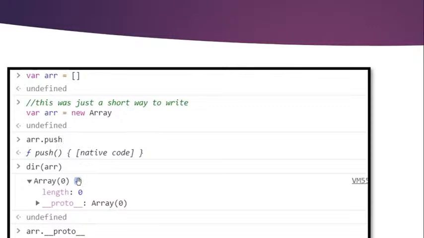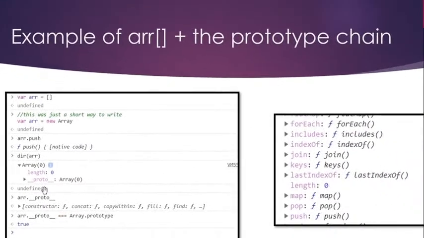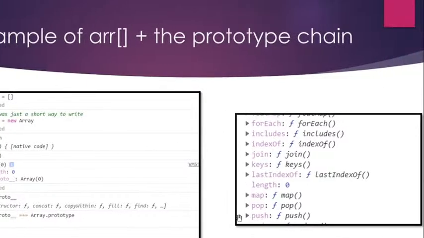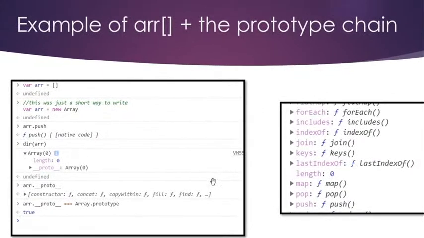So how does JavaScript know that push is somewhere? The answer lies in dunderproto. If I now execute ARR.dunderproto, it will give me huge tons of properties in the JavaScript library, and push is one of them. So this is the prototype chain.